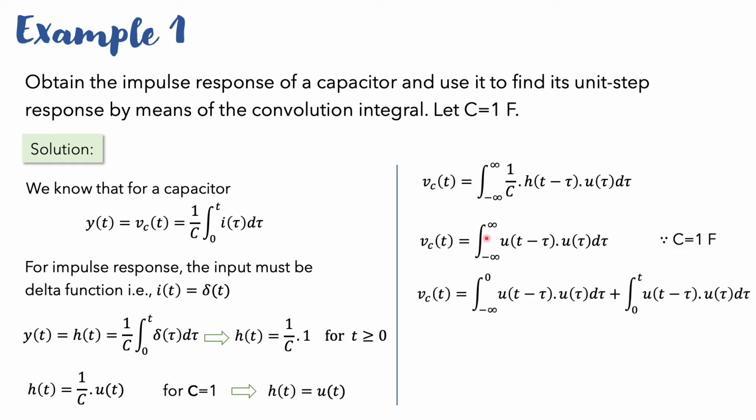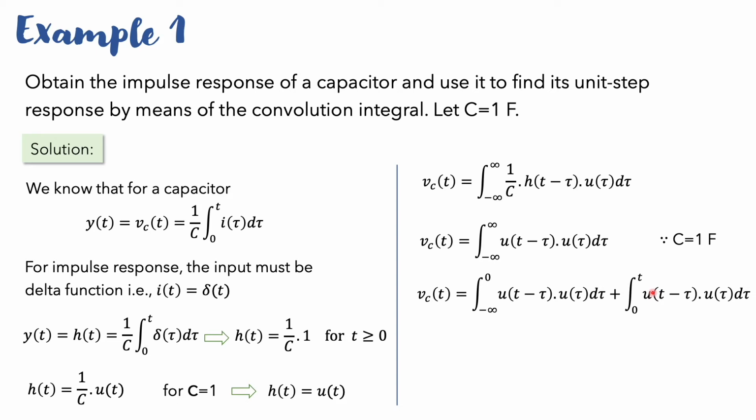Next, we can split this integral into two, minus infinity to 0 and 0 to infinity. Why? Because of the unit step function. The unit step function in this region will be equal to 0. From minus infinity until 0, the value of the unit step function is 0, and from 0 until the end of the signal, so instead of infinity we are using t, because this t will just represent the length of the signal.